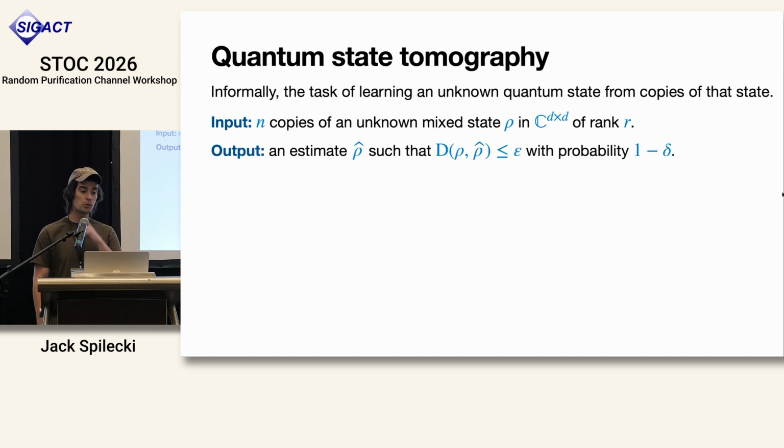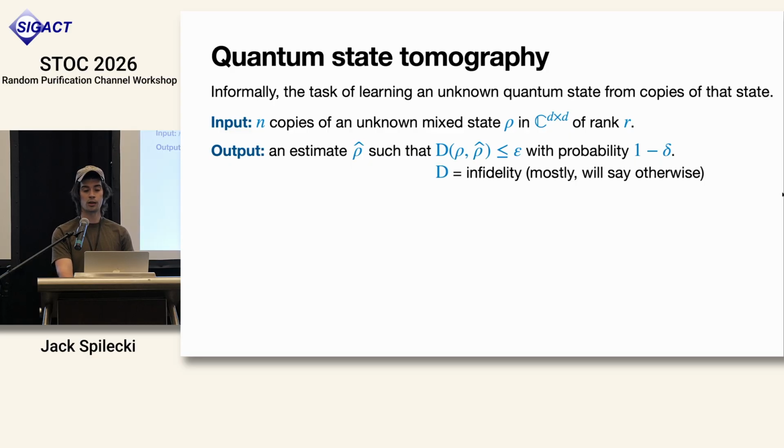And what you're asked to output is some estimate rho hat, which is supposed to be epsilon close in some distance measure d, with sufficiently high probability, maybe like 1 minus delta at least. So for us in this talk, you can think about d as just being infidelity. Towards the end, I'll talk about a different distance measure, but I'll point it out when I transition to this other distance measure.